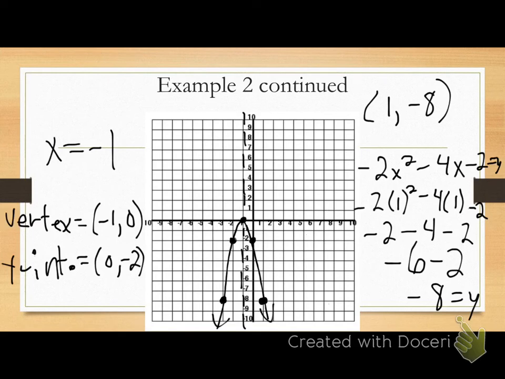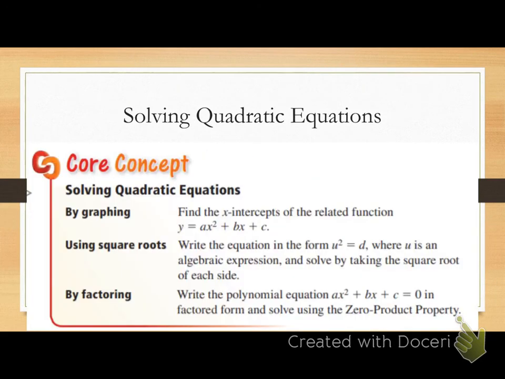So, I've got to answer the overlying question that was asked earlier. It wanted me to solve my equation. When I graph, what is my solution? Let's go back to this. If I'm solving by graphing, what are my solutions? The x-intercepts.